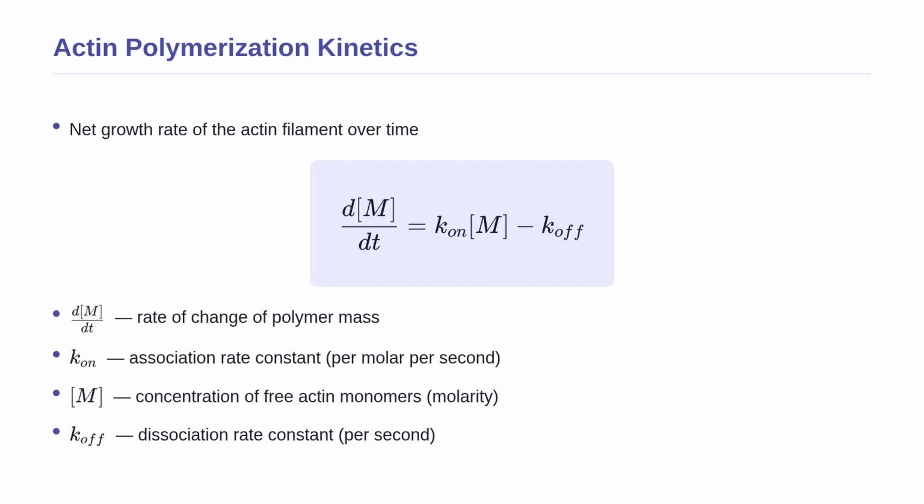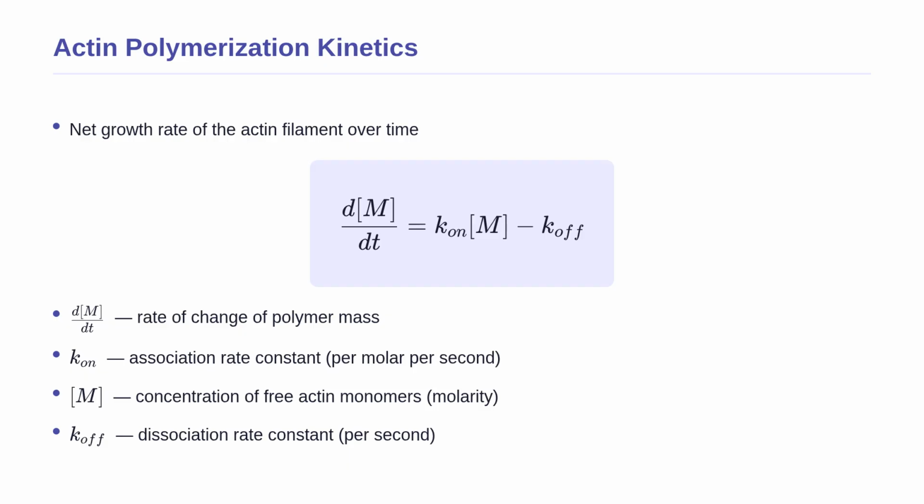This dynamic building process leads us to the mathematics of how fast these filaments grow. Conceptually, the net growth rate of a filament is simply the rate at which new pieces are added minus the rate at which old pieces fall off. In this formula, the term on the left represents the change in polymer mass over time.